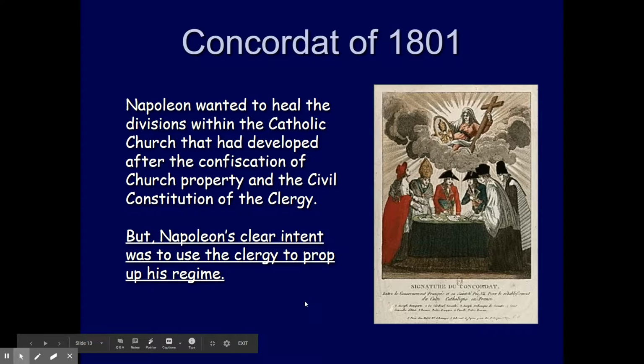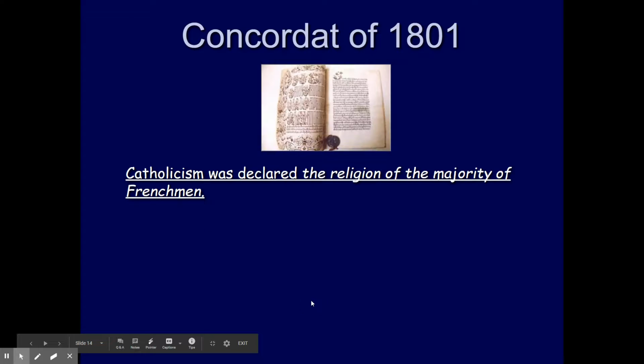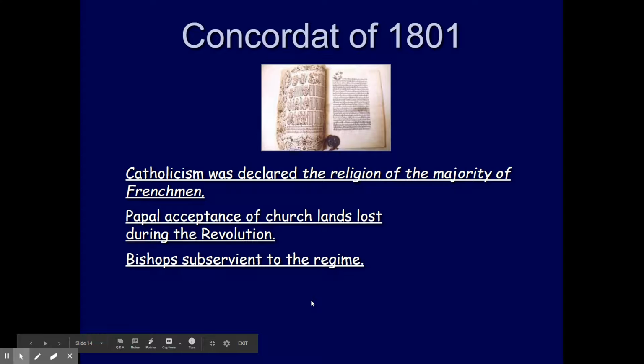And because Napoleon feared the repercussions, he simply imprisoned the Pope. Now, the Concordat of 1801 declared that Catholicism was the religion of the majority of the Frenchmen. It doesn't mean that there couldn't be any other religion, but it was the preferred, I guess.